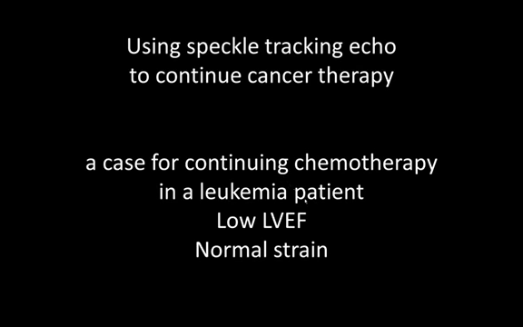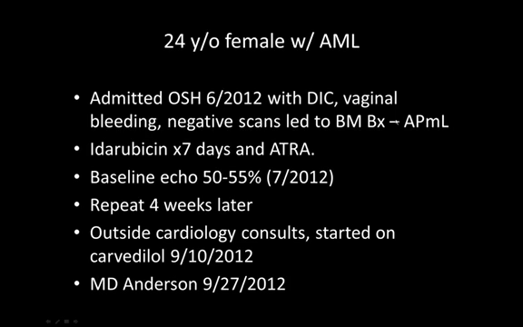The second case is a patient that I actually saw again just yesterday in clinic. It's a young lady who had leukemia and was in an outside hospital, was diagnosed with APL, and was treated with the 7+3 regimen. Her baseline echoes were only described visually as ejection fraction more than 50%, and 4 weeks later, the echo was abnormal, and two different outside cardiologists had actually told her to discontinue all chemotherapy and basically proceed down the route of a heart transplant consultation.